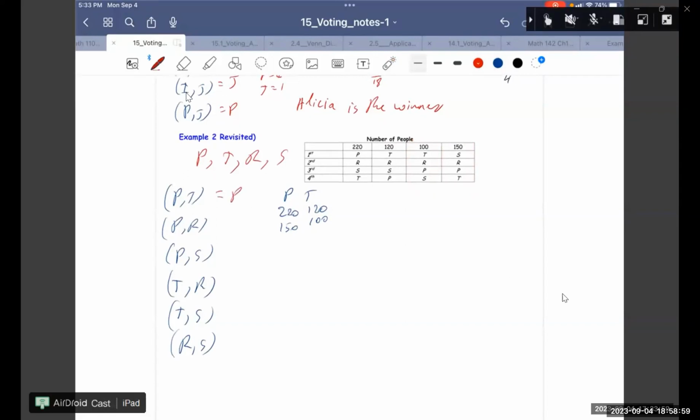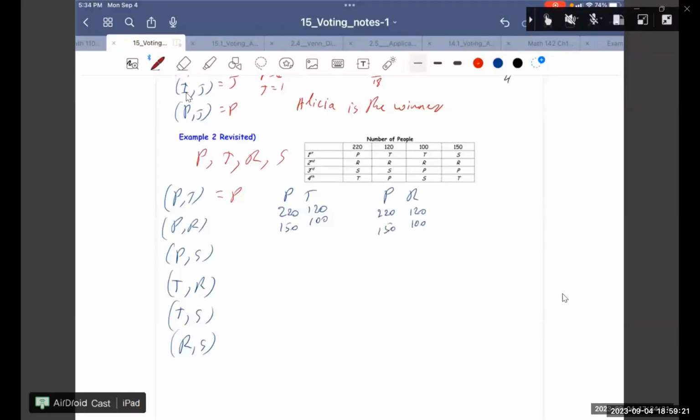So we can say P and R. 220, 120, 100, P 150.